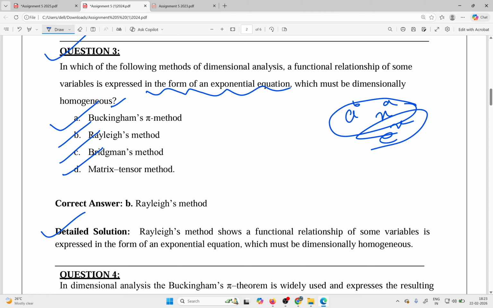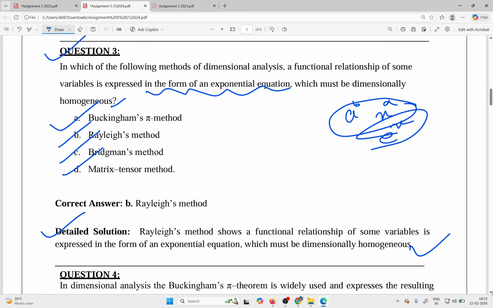So I'll suggest you please see the limitations of Rayleigh's method. Then you will understand why we need the Buckingham Pi theorem. So this is also important. Rayleigh's method shows a functional relationship of some variable is expressed in the form of an exponential equation which must be dimensionally homogeneous.